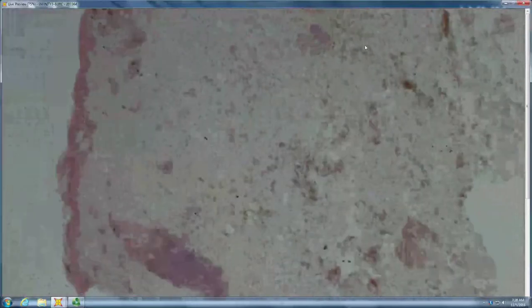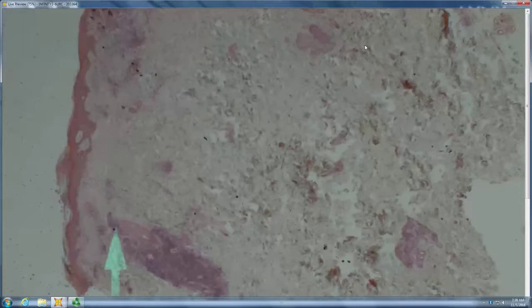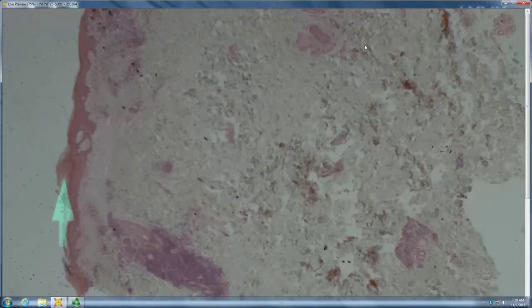Okay, how about this? Looks like a scarring alopecia, with interface change and a vertical column of lymphs in the mid-dermis, and follicular plugging. Yeah, so this is lupus, right?